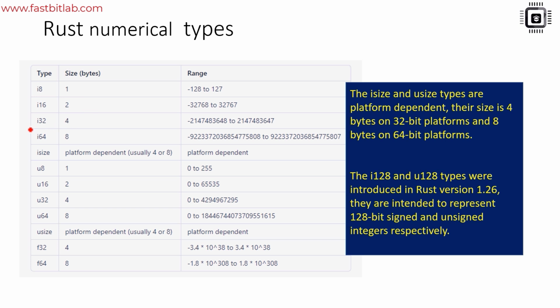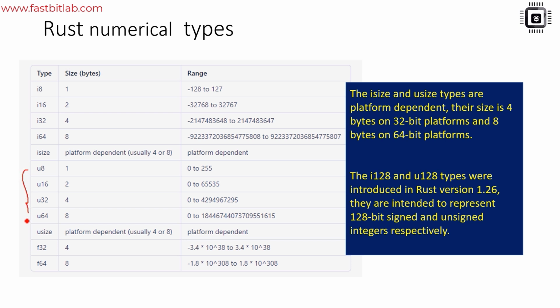So likewise, I32 is there, I64 to represent signed data of 8 bytes, and there are also I128 and U128 types which were introduced in Rust version 1.26. They are intended to represent 128-bit data.